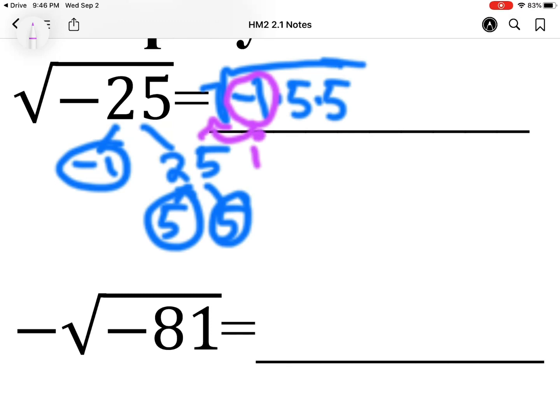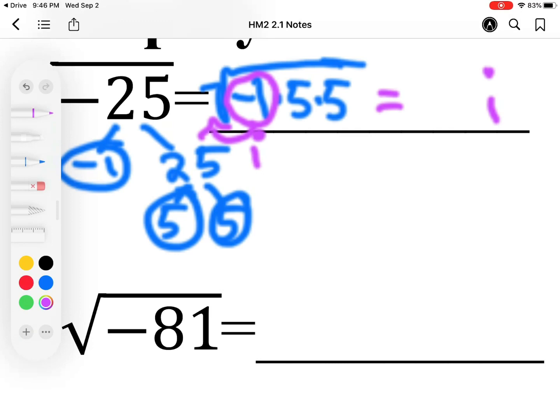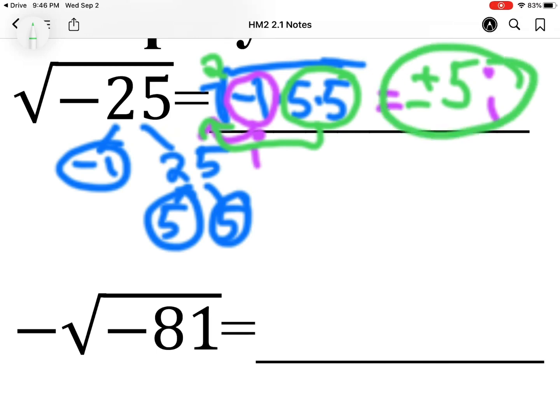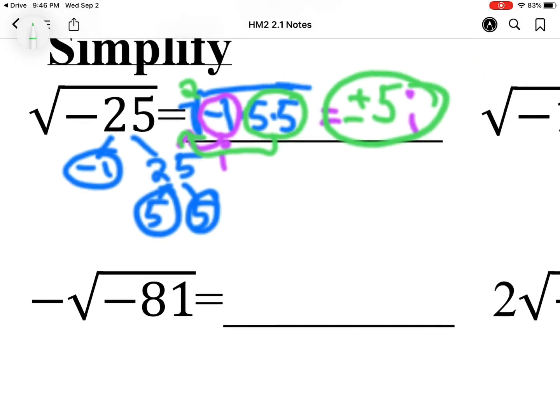That -1 comes out as i. And then our understood index is 2, so those 2 5's get grouped together, move out as a single 5. And that would be your answer.